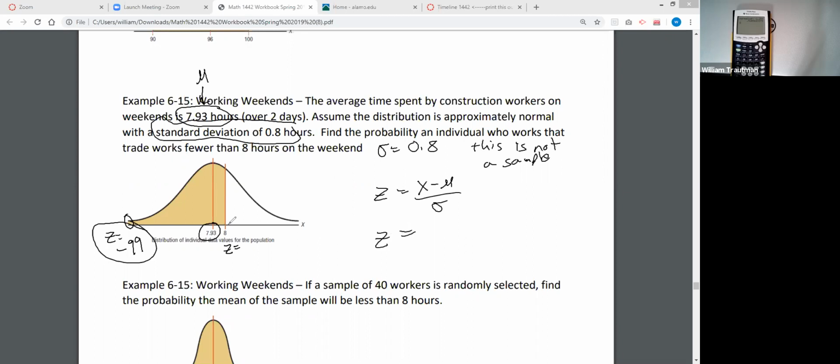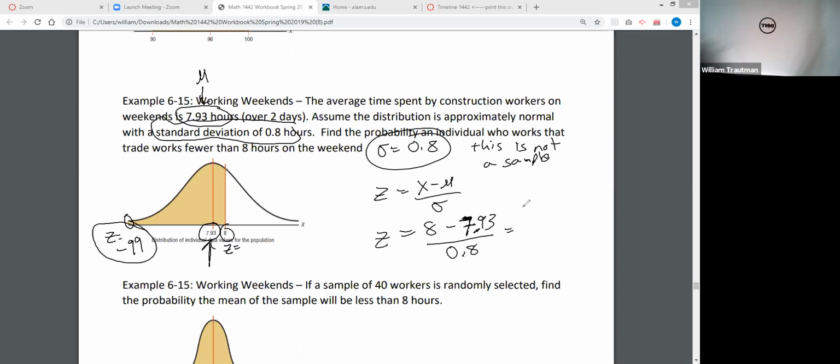So we're going to find the z value. The x value is 8. The average is 7.93. There's our average. Divided by our standard deviation, in the paragraph it says 0.8.